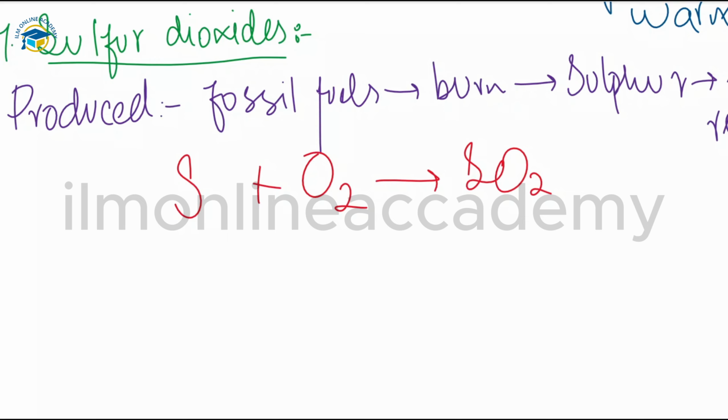This sulfur dioxide has been linked to many breathing difficulties because it irritates the lining of our respiratory tract, and it is also dangerous for people with asthma. Sulfur dioxide, along with nitrogen oxide, is also known to react with the oxygen and water vapor in the air to form acid rain. So this is how sulfur dioxide is produced. Next we will talk about its effects.